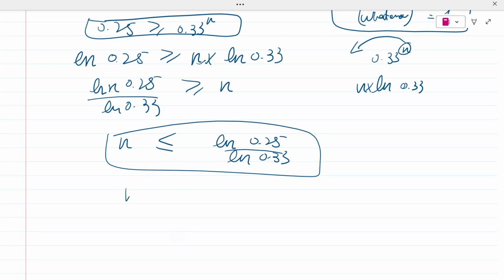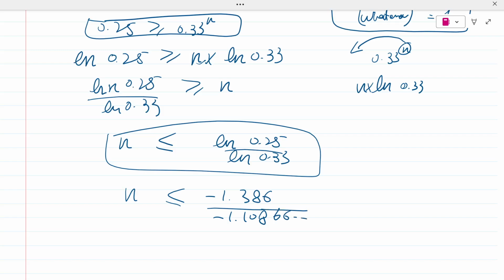It's negative 1.386 divided by ln 0.33, right? That would be negative 1.10866, whatever, right?